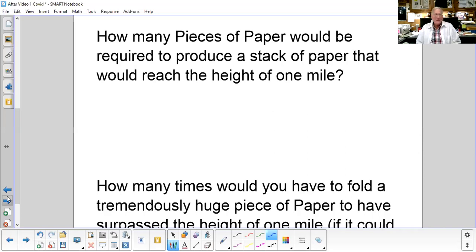Well, let's see. We got to figure out how to do that. And I wonder if dimensional analysis will help us on that. All right? So we need to get 1 mile into sheets of paper.